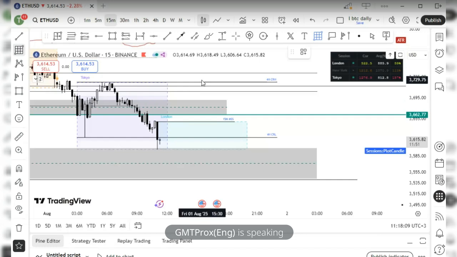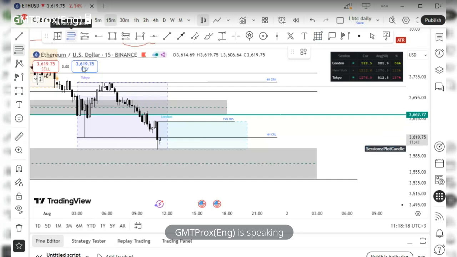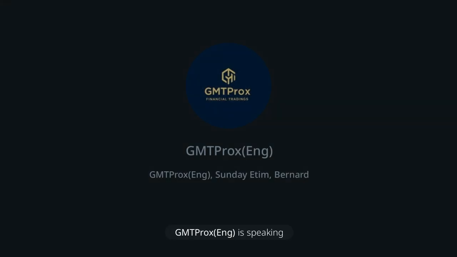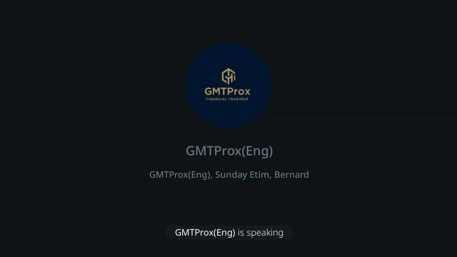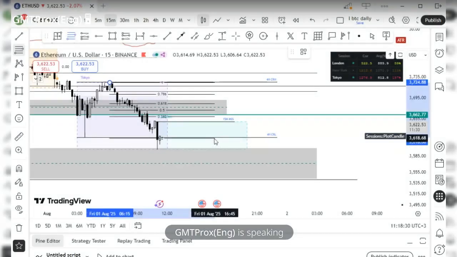So now you take your Fibonacci retracement, and if you go back to the 4 hour time frame, it was high to low. So you take from high to low, like this.